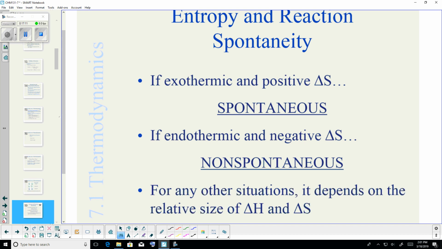If endothermic and negative delta S, so this is negative, this is positive, it's non-spontaneous. For other situations, they're both positive or they're both negative. It depends on their relative sizes. And we'll see that coming up.